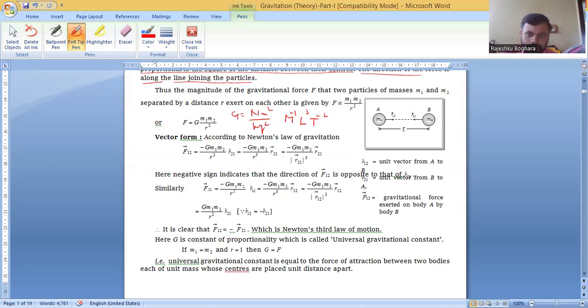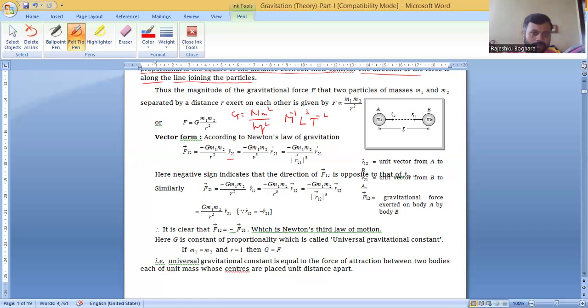So this is 1, this is 2. Force on 1 due to 2 is F12 equal to minus GM1 M2 upon R square. Final minus initial, so R21 cap. Attraction force we take minus R21 cap.